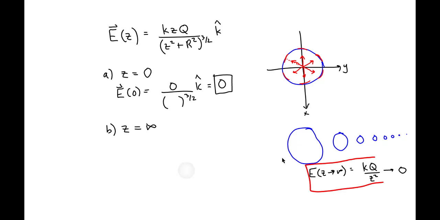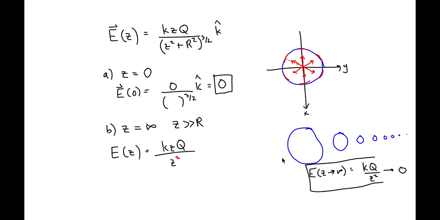So how I'm going to do that is I am going to write our electric field as a function of z, and let's say that z is much greater than r. If z is much greater than r, then we could neglect r.